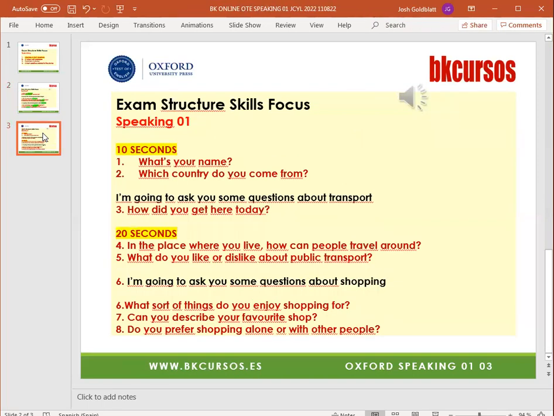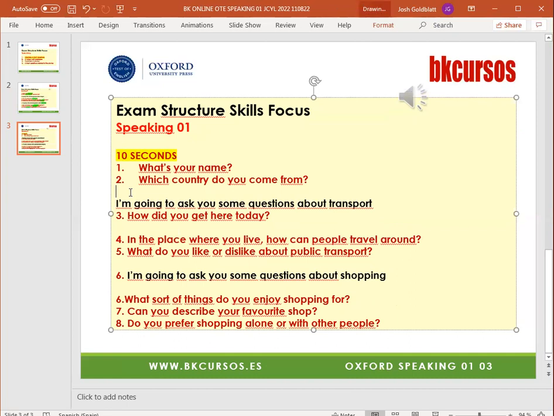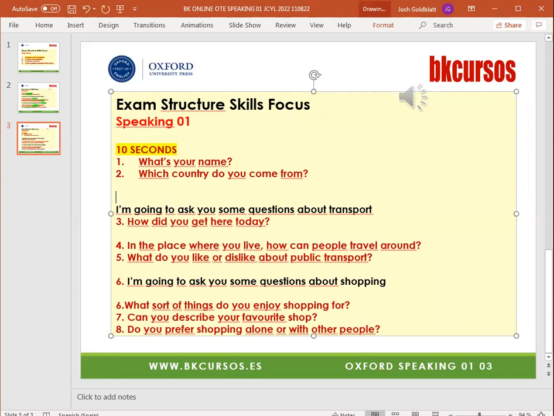Okay, so that's good. So you could see the questions there, and you could hear how much time you've got to answer each question. And you can see there's a difference, that some of the questions give you 10 seconds and some give you 20 seconds. So in fact, if we look, it's questions 1 and 2, which are 10 seconds, and questions 3 to 8, which are 20 seconds.